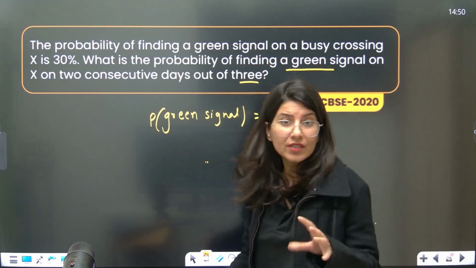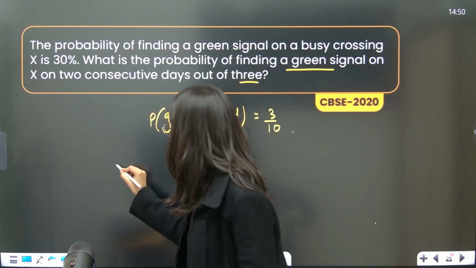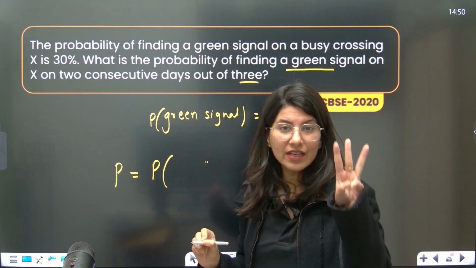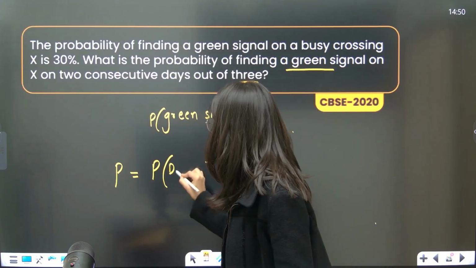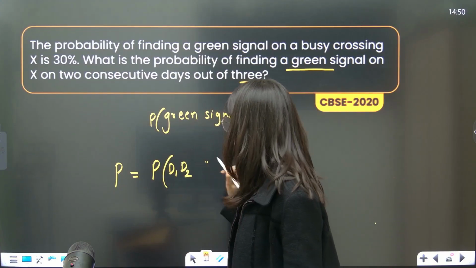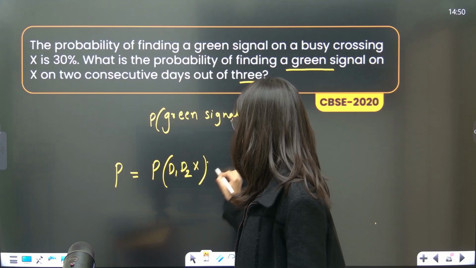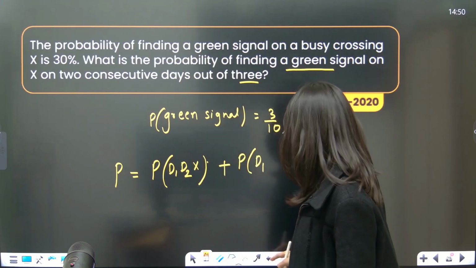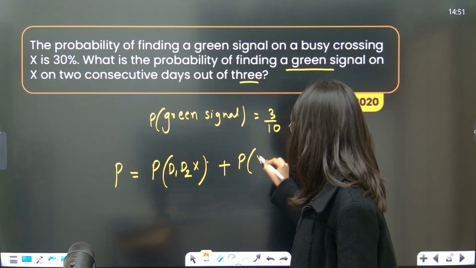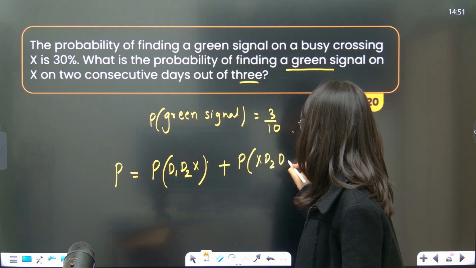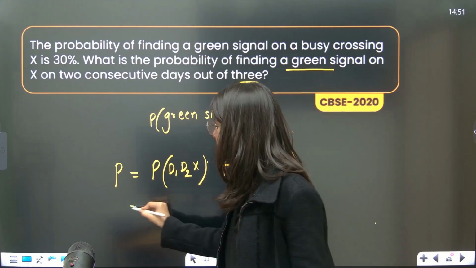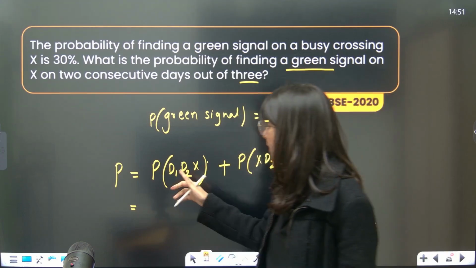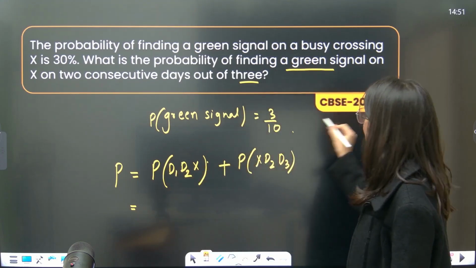So 2 consecutive days out of 3. So the probability will be what? Now 2 consecutive days: day 1, day 2, so you get day 1, day 2, but not on day 3. Plus, on day 1 you will not get it, but day 2, day 3 you can get. Only 2 options. You can't have day 1, day 3 as the option. Now the probability of getting a green signal is 3 by 10.